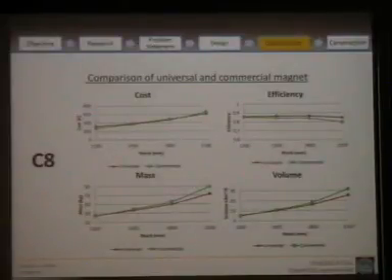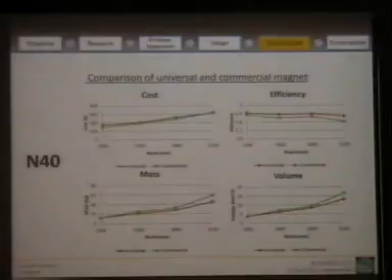And for the bigger blade rotor radius, the commercial magnet results in a generator that is too heavy and big to be handled by an average person. And also for the N40 magnet, again the generators using the universal magnet have a slightly better result, especially as the blade rotor radius increases.